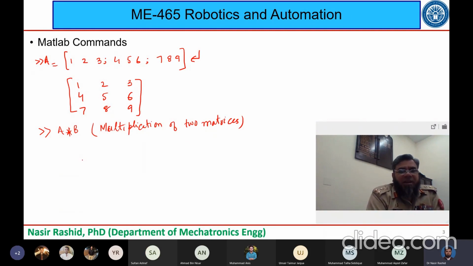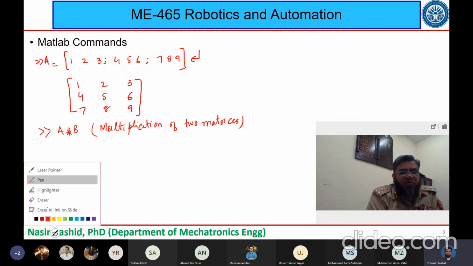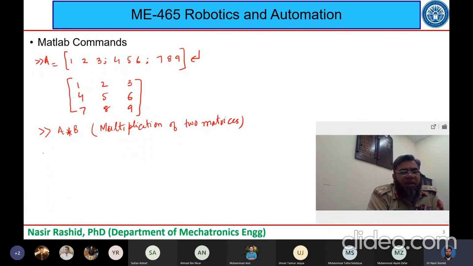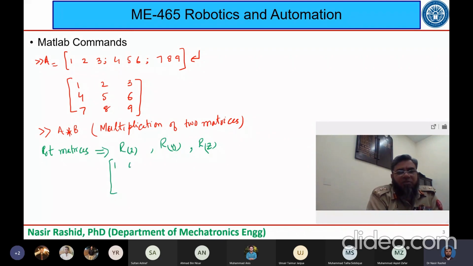All right. So what will happen in our case? Let's see what we would be requiring. We would be requiring rotation matrices, which we know: rotation about x, then rotation about y, and then rotation about z. Rotation about x is 1, 0, 0, then 0, cos of theta, minus sine of theta, and 0, sine of theta, cos of theta.